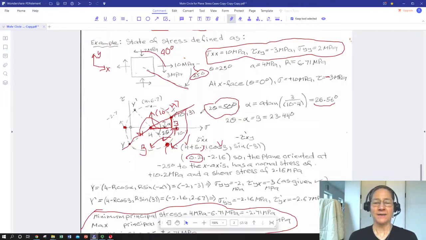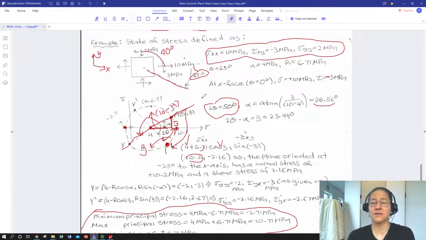And from that we just basically literally use trig and right angles in the circle to determine the shear and normal stress at any angle with respect to the principal axes or to our applied stress axes.